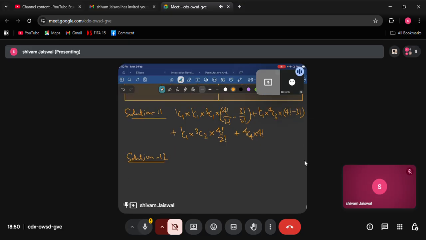There are 4 rooms. At least 1 person and at most 2 persons.